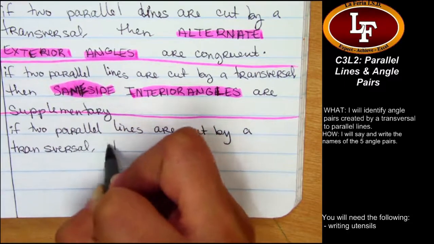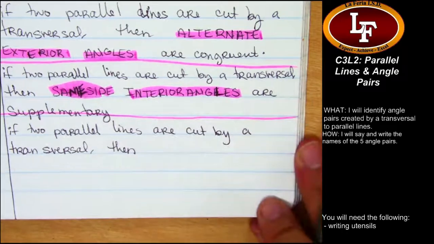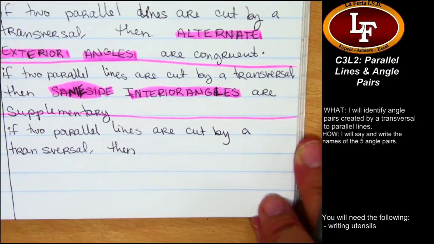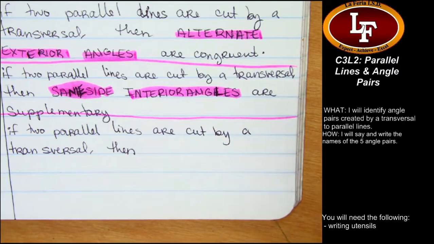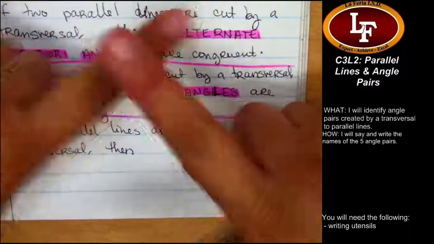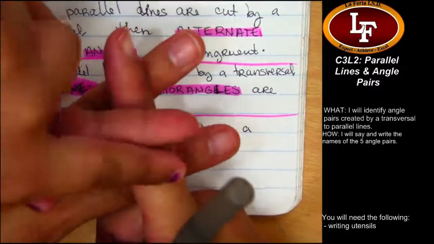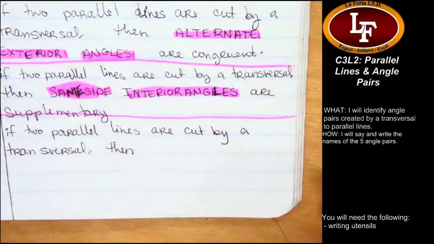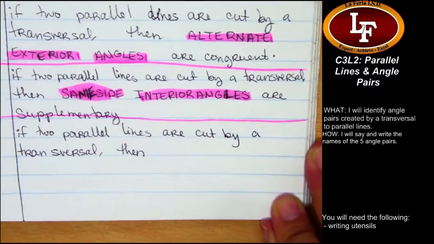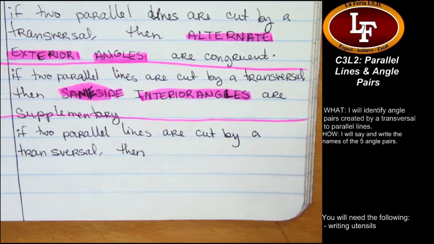The transversal is the line that's intersecting these other two lines, so there are two lines and it's going to look something like that.